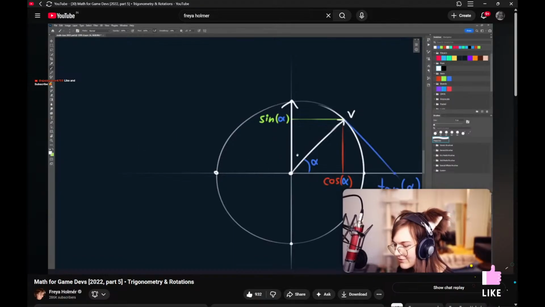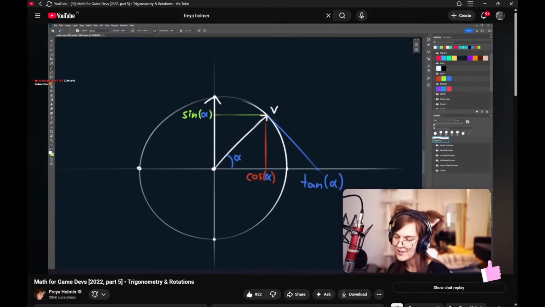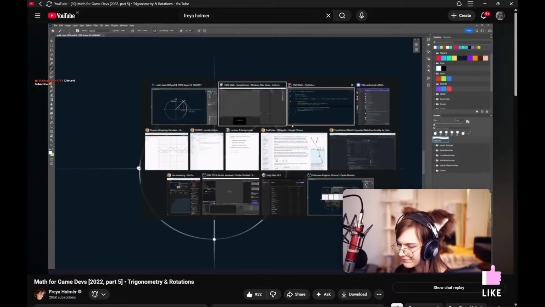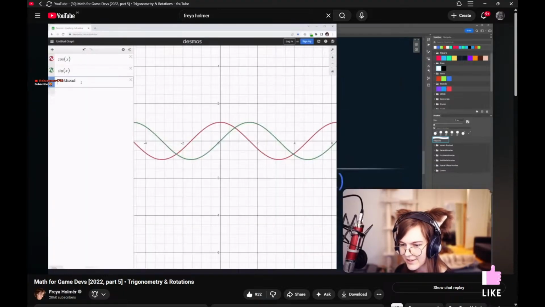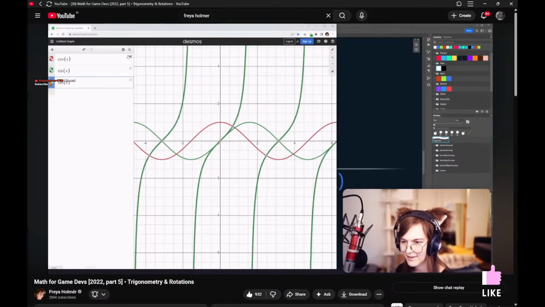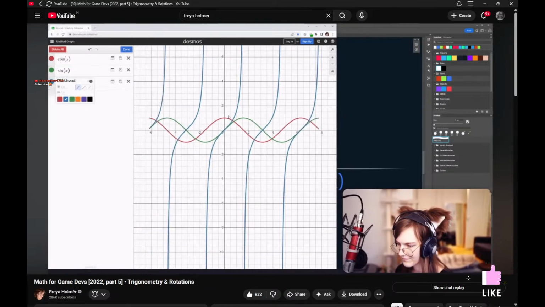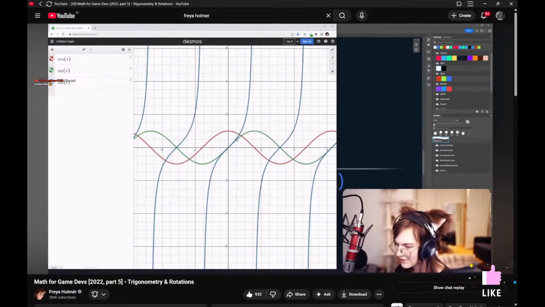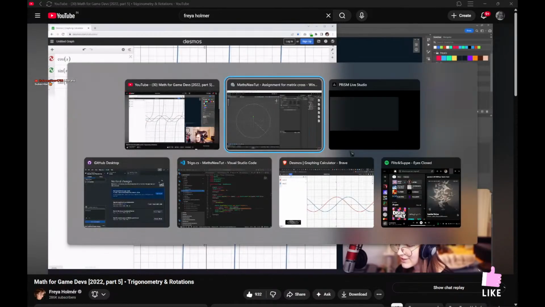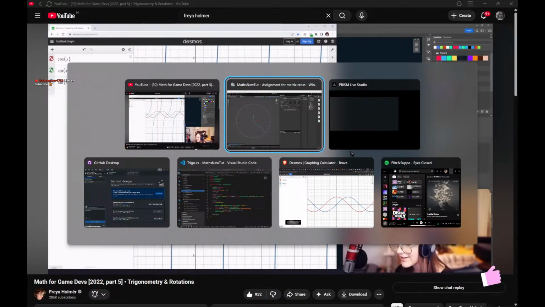And so the graph for the tangent shoots off to infinity, and then it comes back from negative infinity. And so it looks a little wonky. So the tangent of x looks like this. As you can see, it increases, shoots off to infinity, and then comes back from negative infinity.